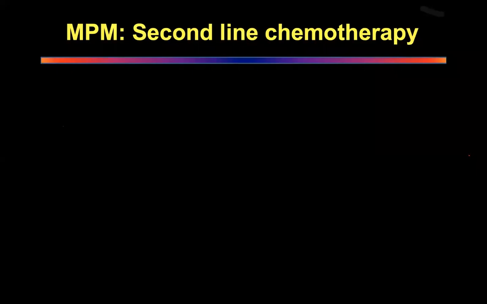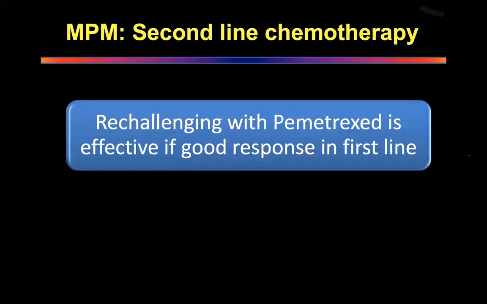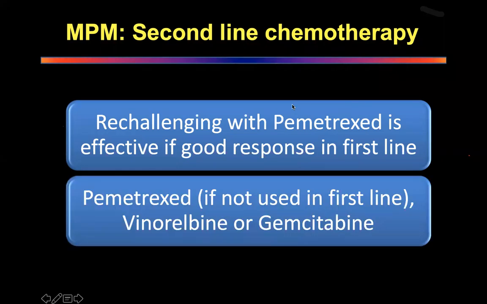Okay, you have to repeat it a few times before you can say it out in the exam. So second line immunotherapy we spoke about. There is also a concept of second line chemotherapy, and pemetrexed is the one that you can give if the first time response was good and there is still some disease. You can give a second course of pemetrexed, or you can combine it with vinorelbine or gemcitabine. These are both second line chemotherapy agents, vinorelbine and gemcitabine.